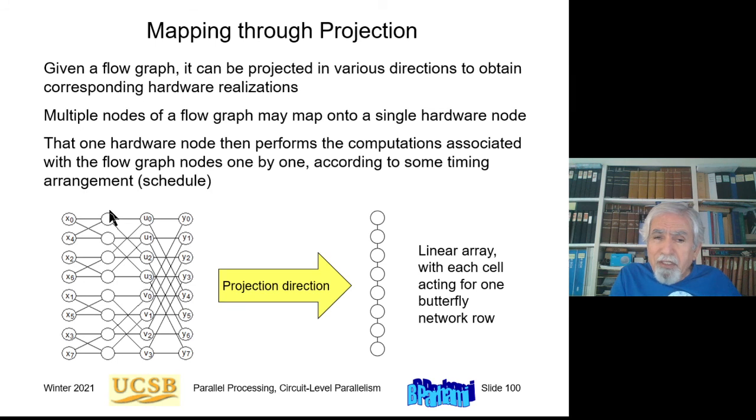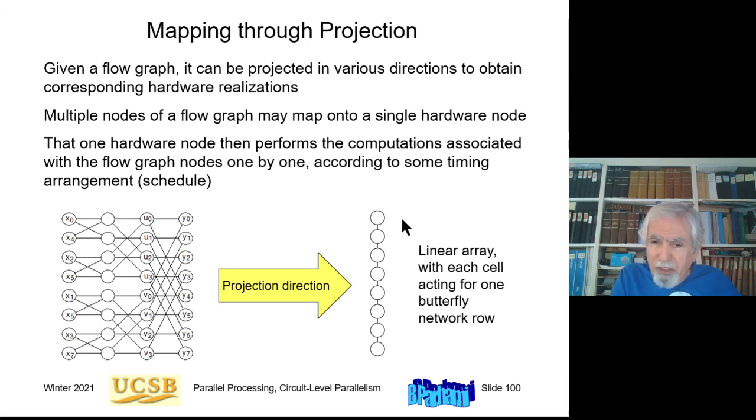So at any given time, only one column is active. Therefore, it makes sense to try to share the hardware for these columns by providing only n processors, and then those n processors do the job of these n, and then later the job of these n, and finally the job of the last.